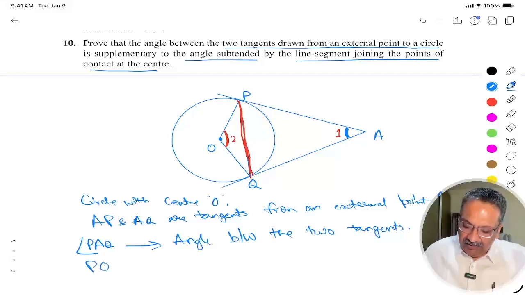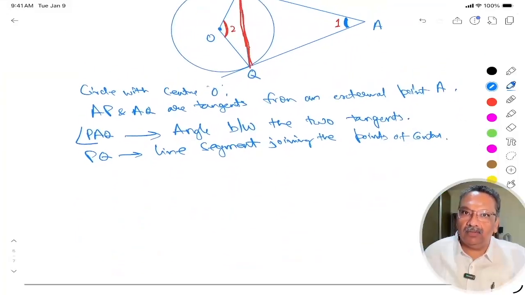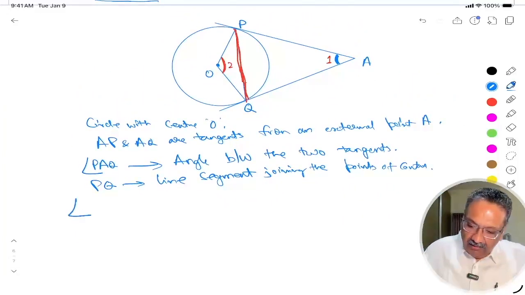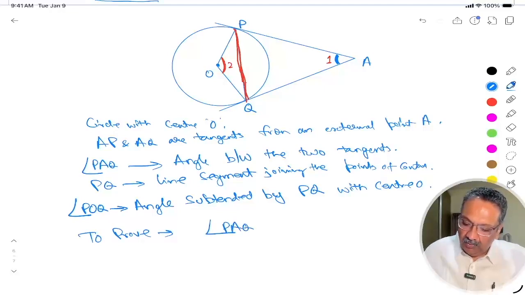Okay, now PQ, this is the line segment joining the points of contact. Okay, now angle POQ, this is the angle subtended by PQ at the center O, right? Now we have to prove angle PAQ is supplementary to angle POQ.